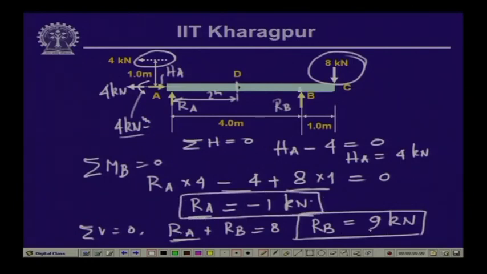Now, to calculate the bending moment at this point D, let us take the free body diagram of this particular part from the left hand support and substitute all these forces, so that we can evaluate the shear force and the bending moment.